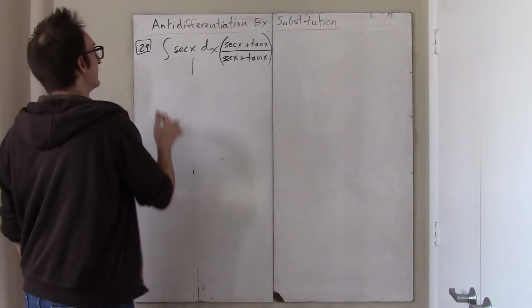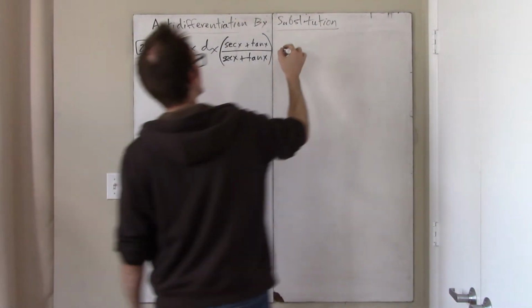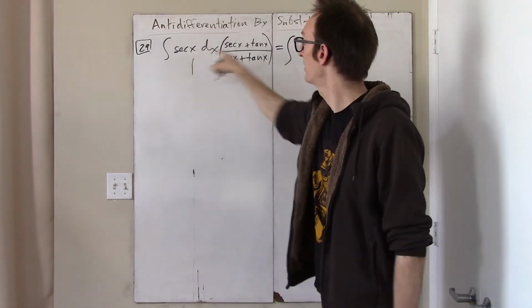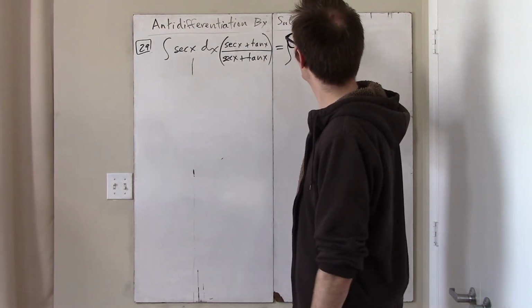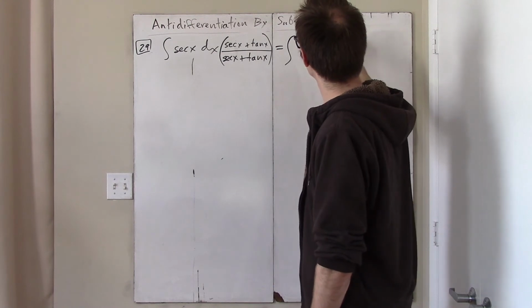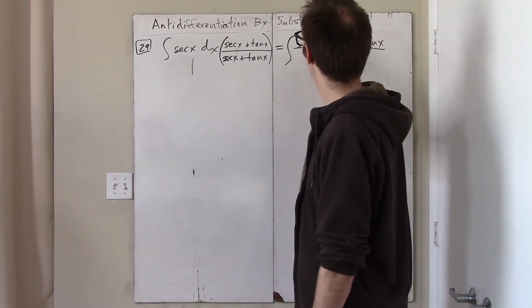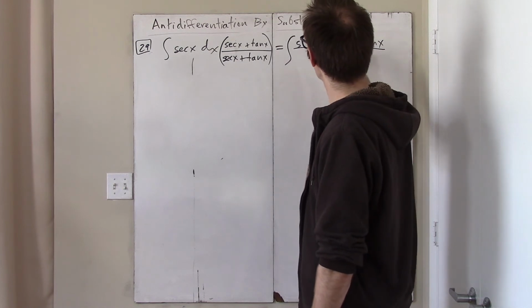Then, when you multiply through on the top, you get secant squared x plus secant x tan x all over, on the bottom, secant x plus tan x.